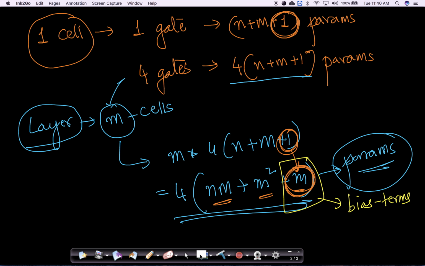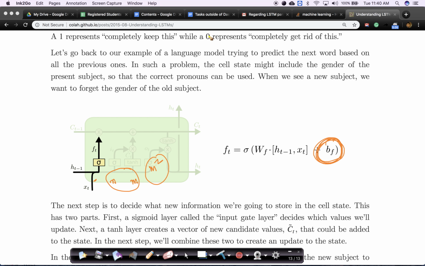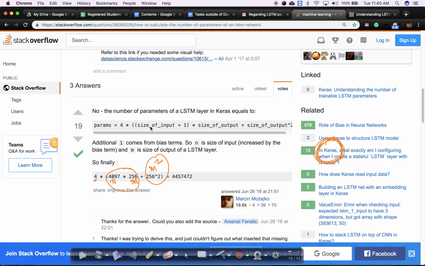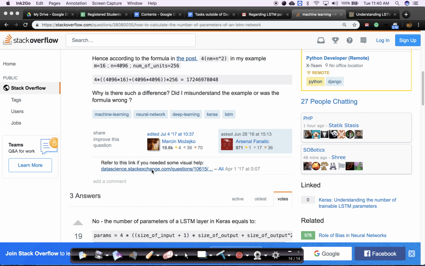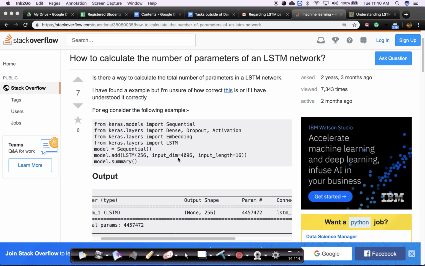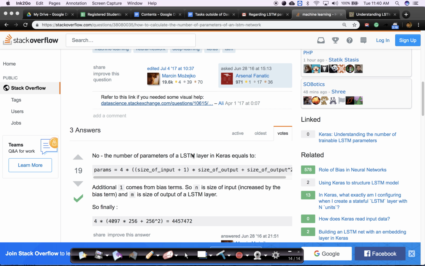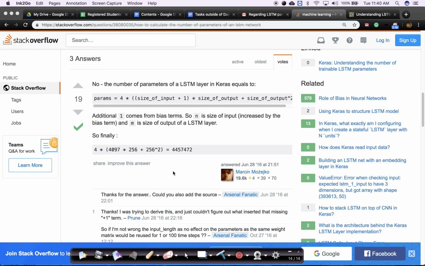If your equation does not have bias terms, then you will not have it. So in this case, there are no bias terms, and what you have here is 4 into nm plus m square. You don't have the plus m because there are no bias terms here. In the default Keras setting, there is no bias term, but you can add a bias term and you'll get a slightly different value. I hope the additional one comes from the bias.